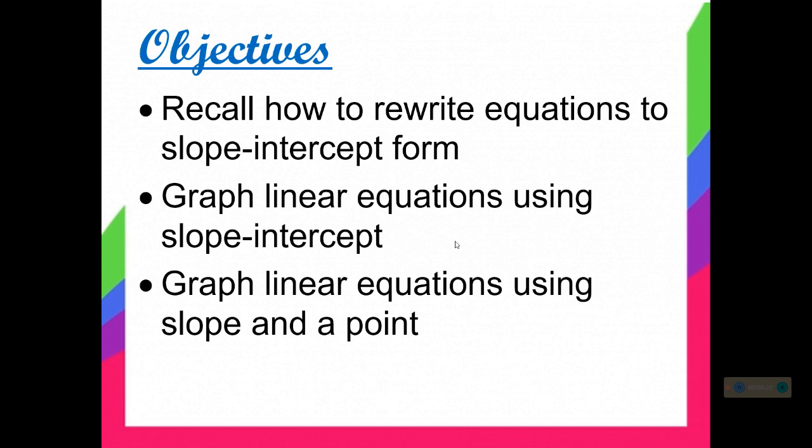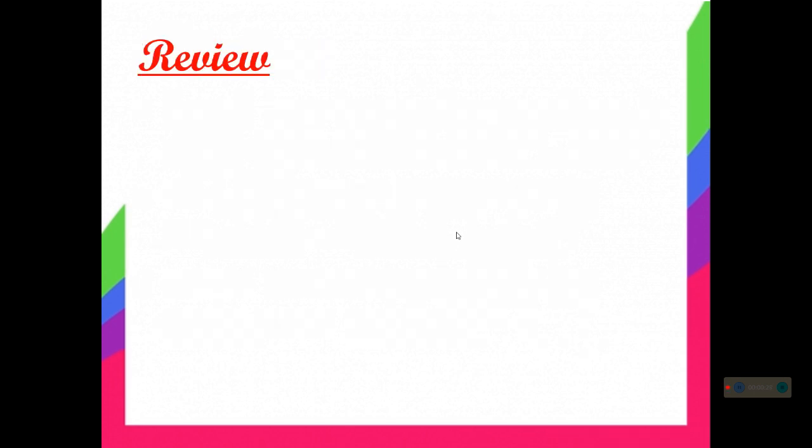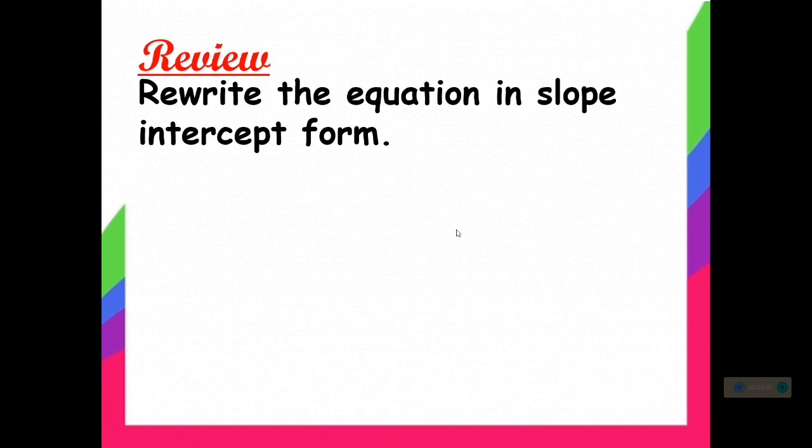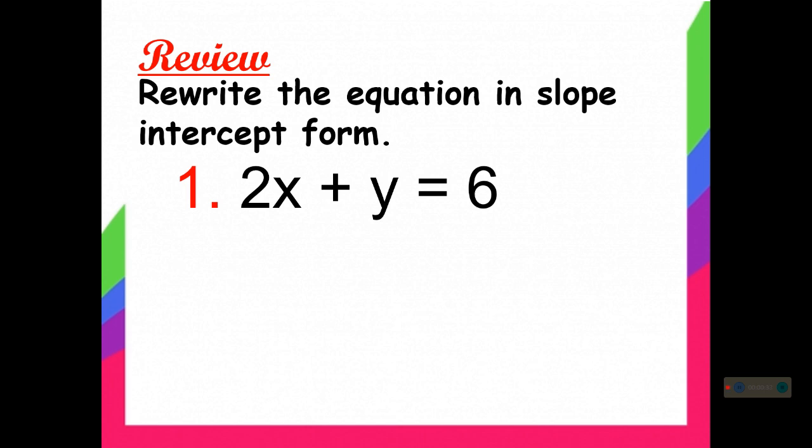a point. Okay? So for our review, let us rewrite the equation in slope-intercept form. So let us have 2x plus y equals 6. Okay? So I hope you can remember how you are going to write this equation to the slope-intercept form. We have to take note that the slope-intercept form is in the form y equals mx plus b.